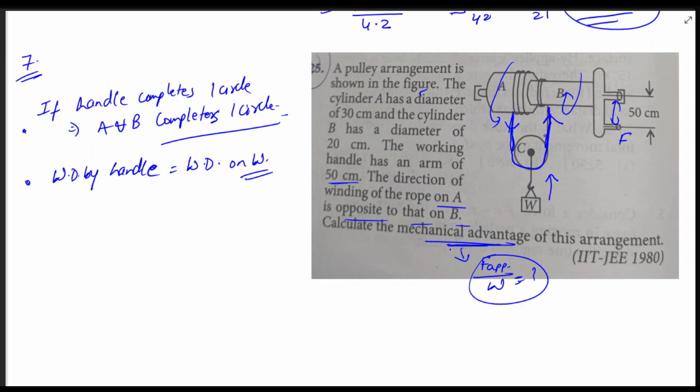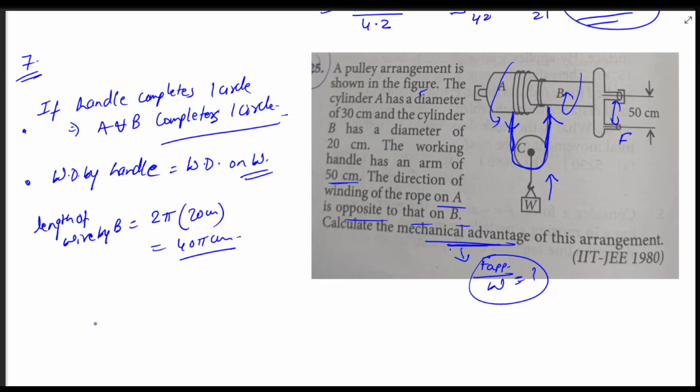For that, we have to find how much length of wire B is taking and A is releasing. So the length of wire taken by B in one circle will be 2 pi times 20 centimeter, so we will have 40 pi centimeter.